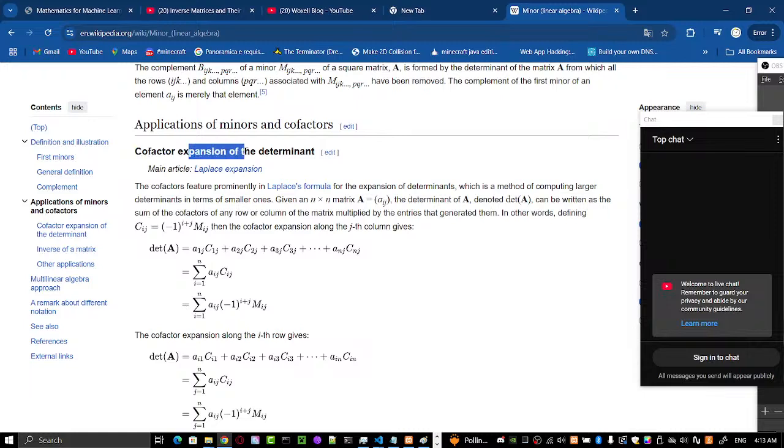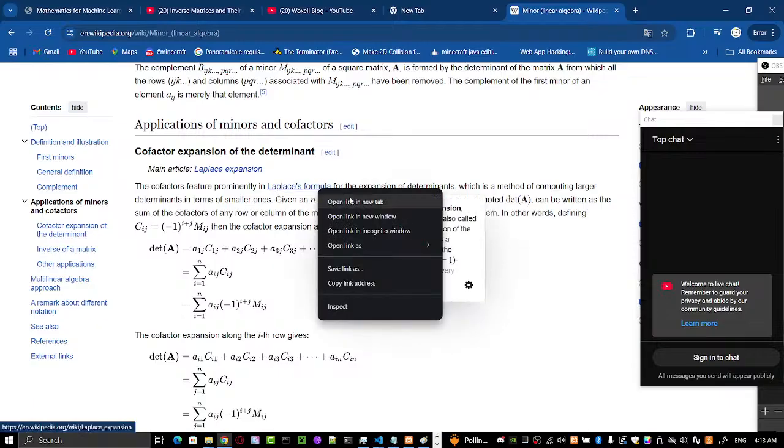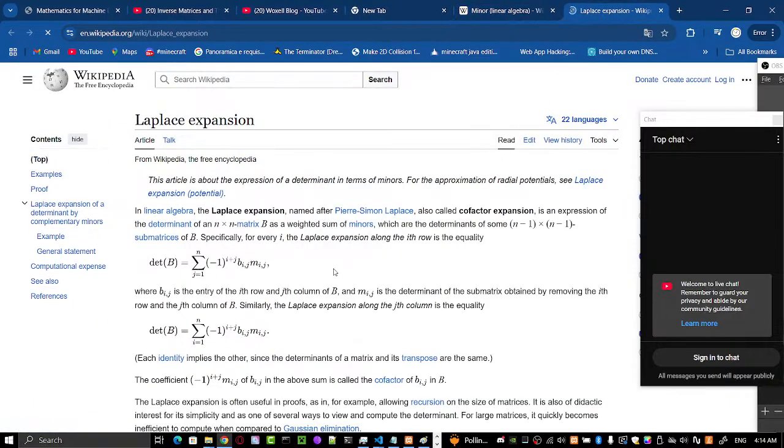Then we have the cofactor, right? What is this?